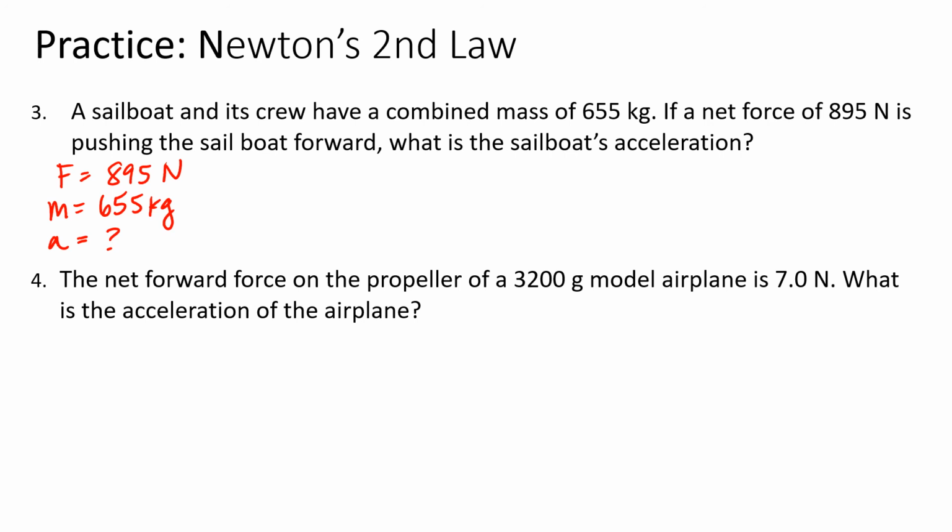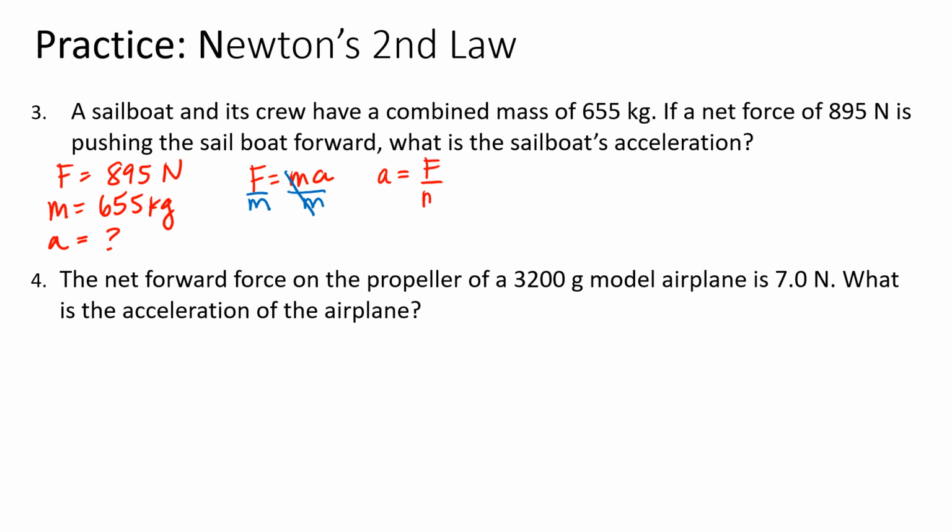So all I need to do is rearrange this formula. Similar to how I did on the previous slide, I have to get acceleration by itself. Last time we got mass by itself. So to get acceleration by itself, I'm going to divide both sides by mass. Mass is, of course, going to cancel out on the right. That leaves us with just acceleration.